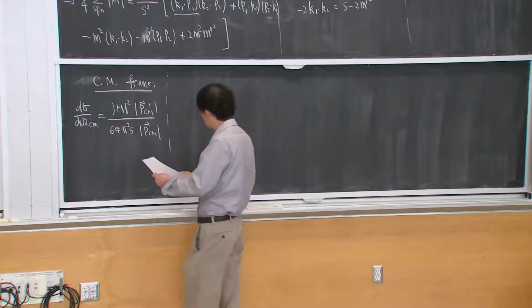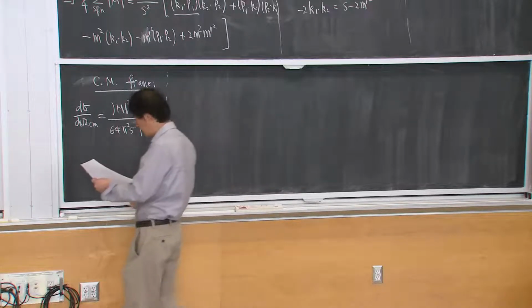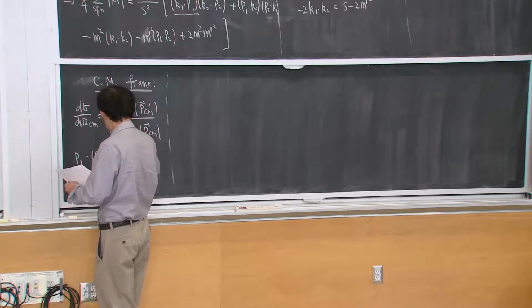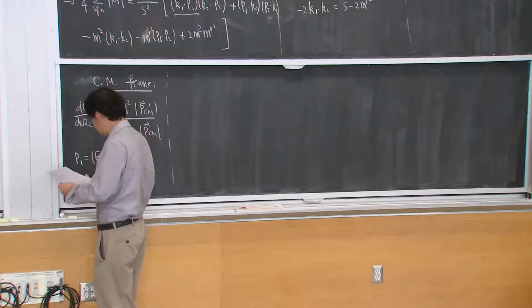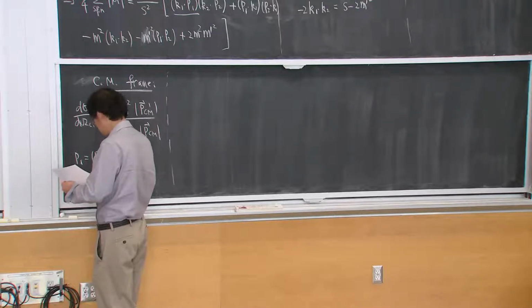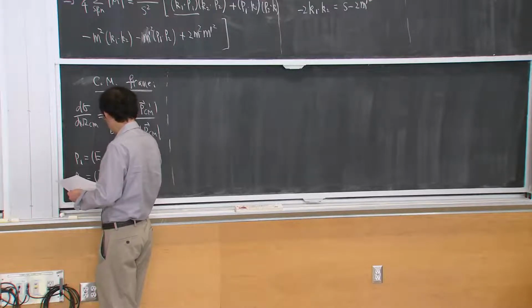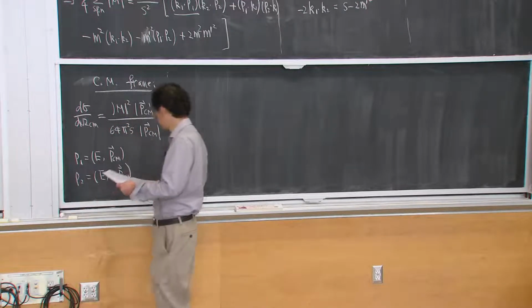So in the center of mass frame, P1 would be E and p cm. P2 will be the same E, but minus p cm. They have the same E because they have the same mass.